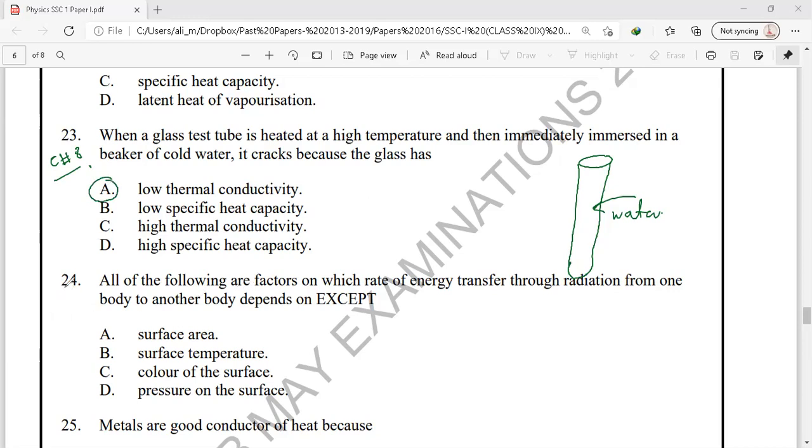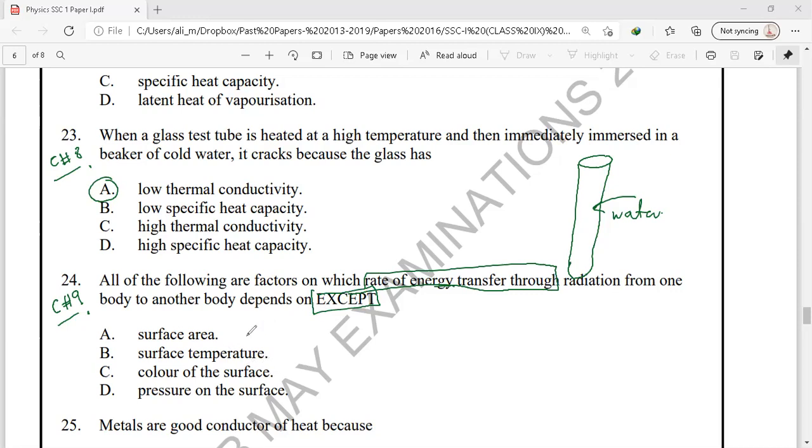Next, we have question number 24. This question is from our chapter number 9, transfer of heat. All of the following are factors on which the rate of energy transfer through radiation depends, except one among those four options, so we have to identify that option.